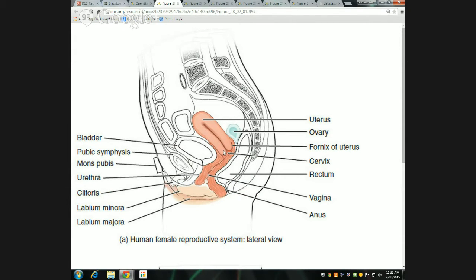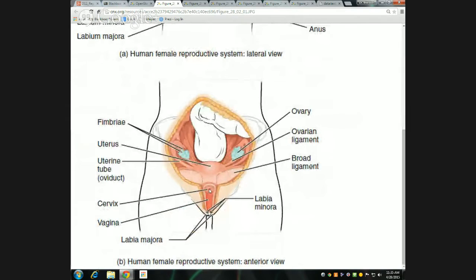That opens up at the cervix, which we see here in the sagittal view, or in the anterior view, we can see the cervix opening up here, which then leads into the vagina, which is the muscular wall that serves as the birth canal, as well as serving as the route that the male reproductive tract gets sperm into the system.